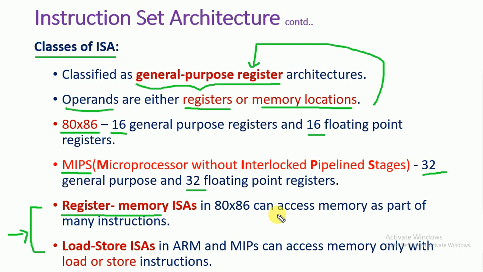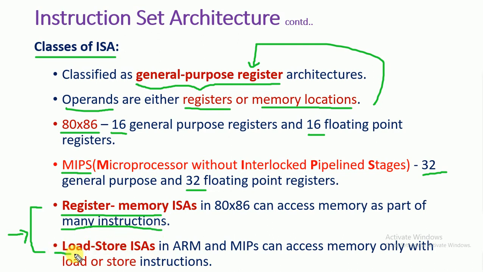Means we can use several instructions for accessing the content of memory with the support of register and memory. The instruction will consist of both register and memory, and these can be used with many of the instructions. So all the instructions can access the register and memory directly, and accordingly we can access the data of register and memory.